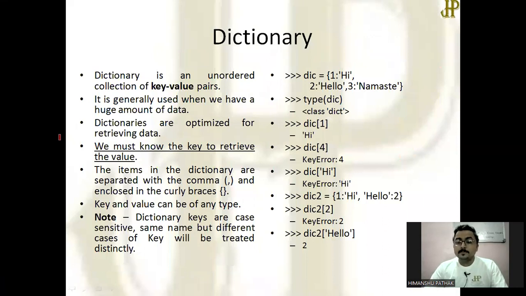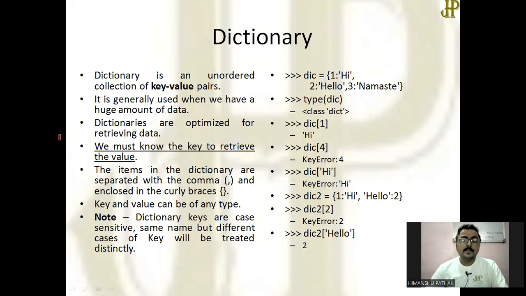In sequence type, there are 3 things: first one is string, second one is list, and third one is tuple. You have to be very clear about the difference between tuple and list. There are basically 2 differences. To create the list, you have to use square brackets, and to create the tuple, you have to use parenthesis.